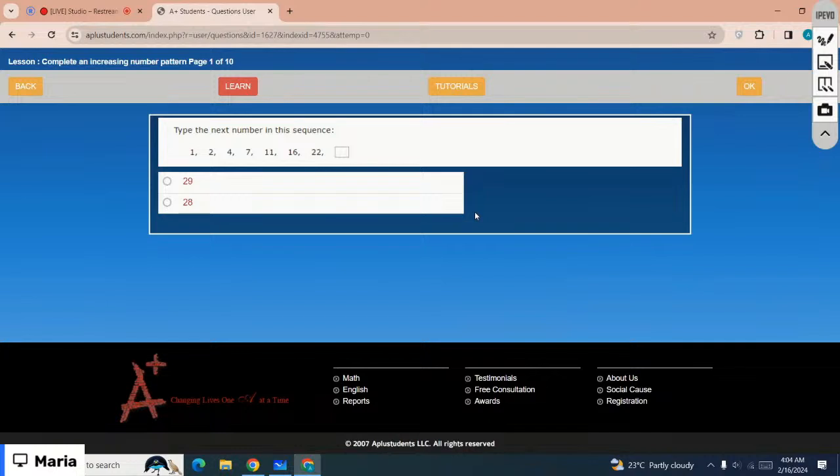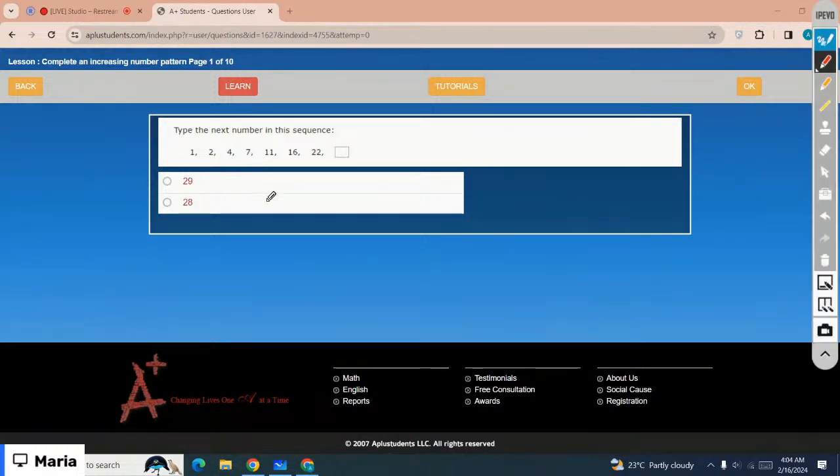Type the next number in the sequence. Now we have 1, 2, 4, 7, 11, 16, 22.